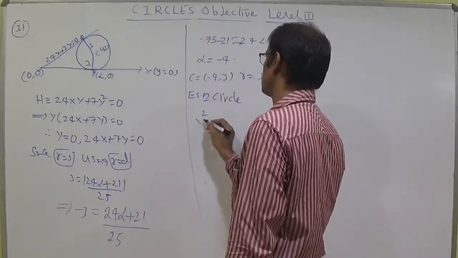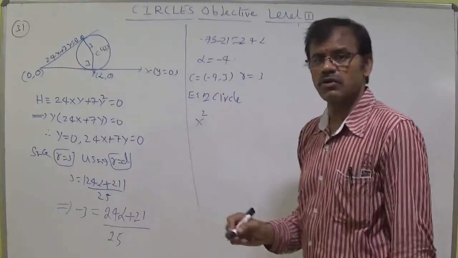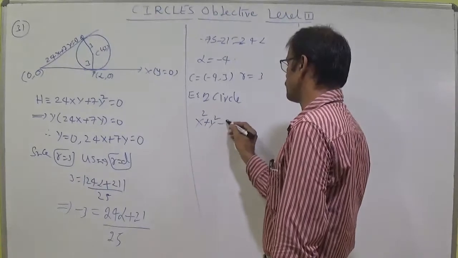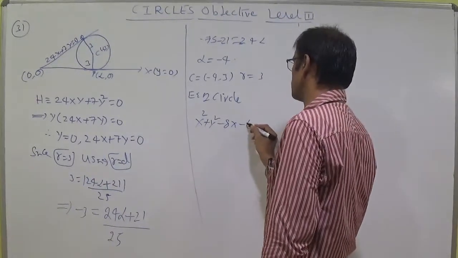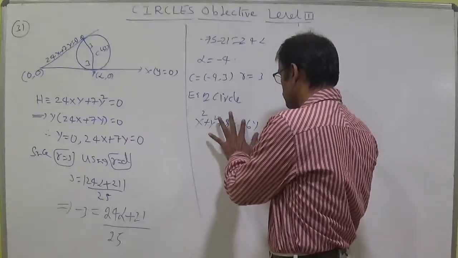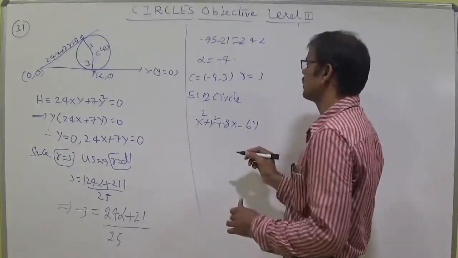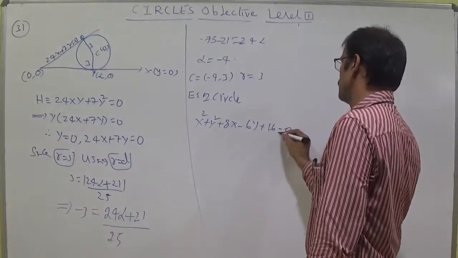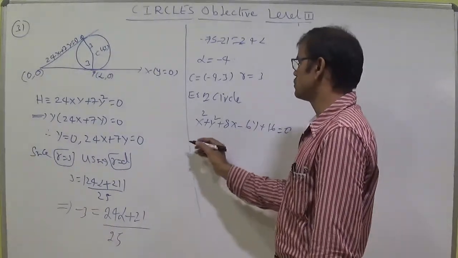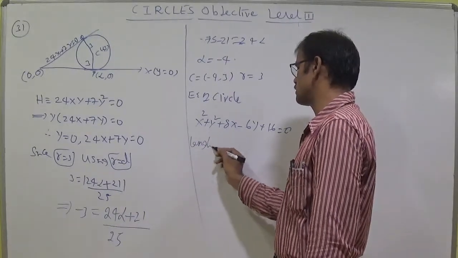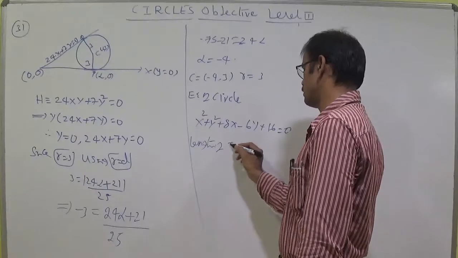Equation of circle as (x minus h) whole square plus (y minus k) whole square is equal to r square, concept. So x square plus y square plus 8x minus 6y plus 16 equal to 0. Now the length of tangent from (0, 0) is root S11, so it is nothing but 4.